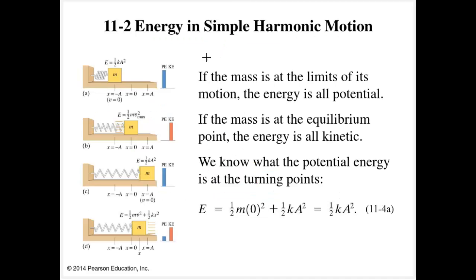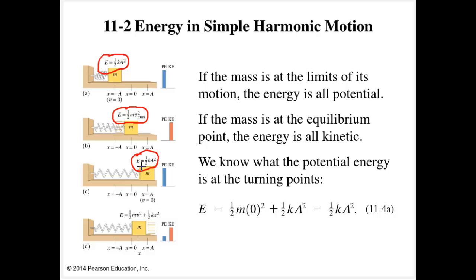At the two extremes, all of the energy is going to be stored in the spring energy, and at the middle, where the spring is not compressed at all, all of the energy is going to be kinetic energy. And the same at the other extreme, when the spring is stretched out all the way, all the energy is in the spring energy.